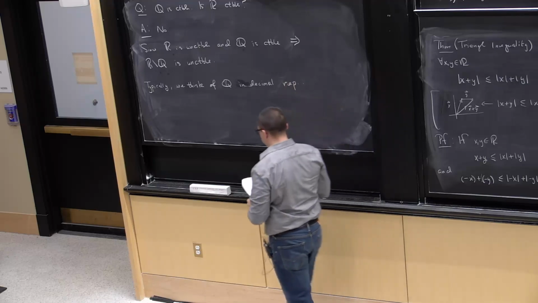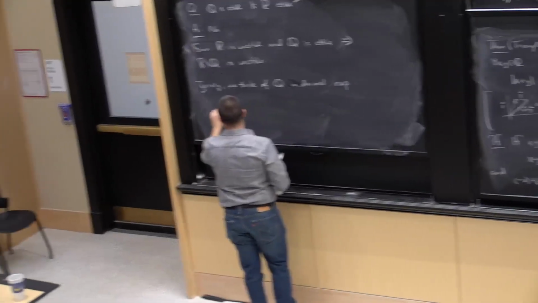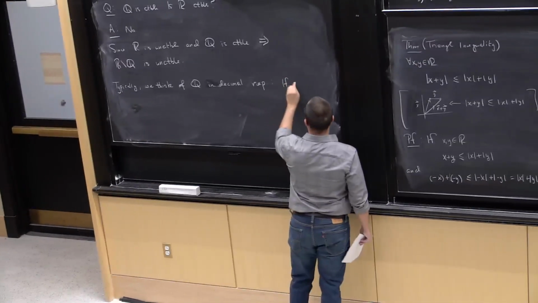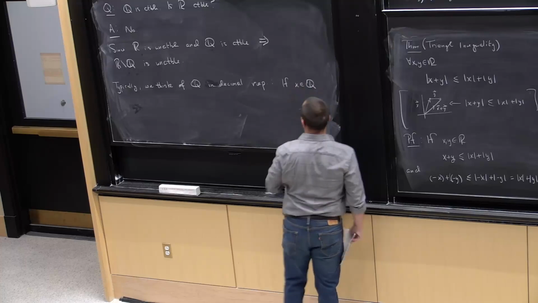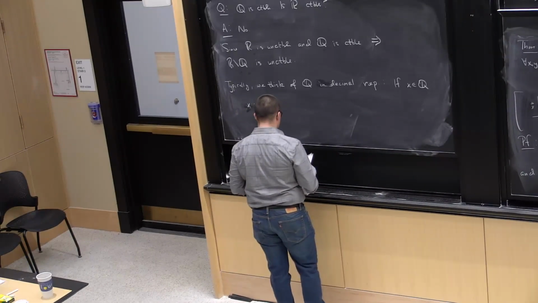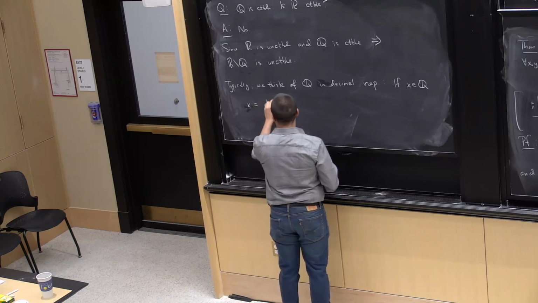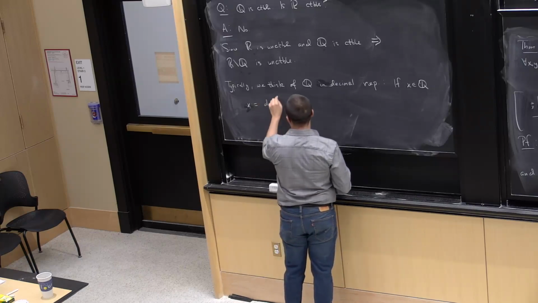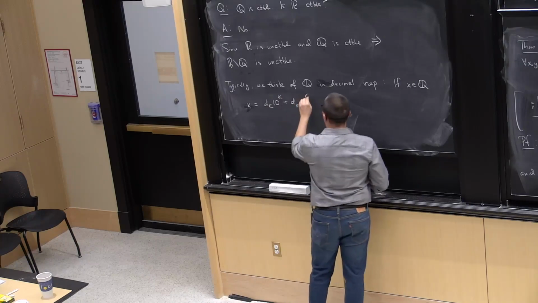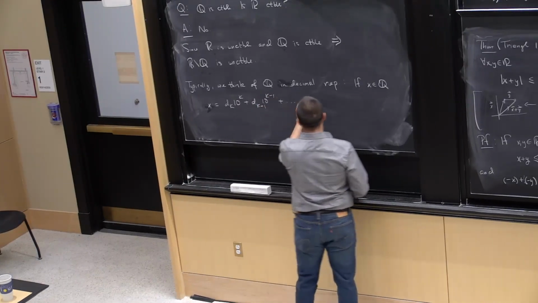What does that mean? That means if x is in Q, then we'll write x as some digit times 10 to the k plus d_{k-1} times 10 to the k minus 1, and so on, down to d_0.